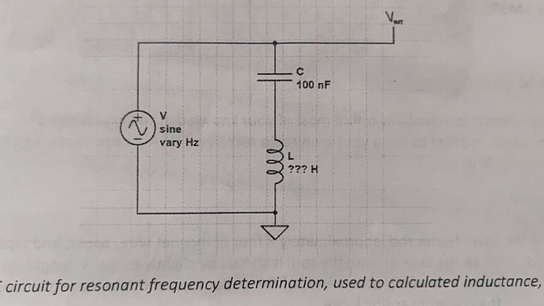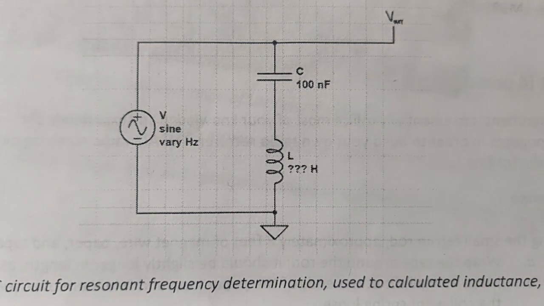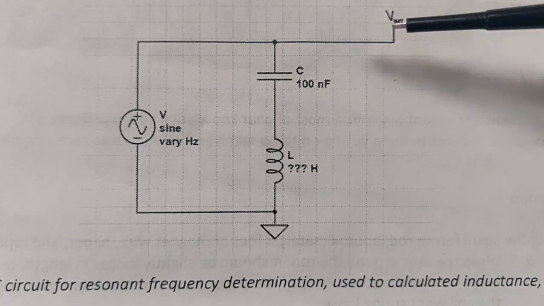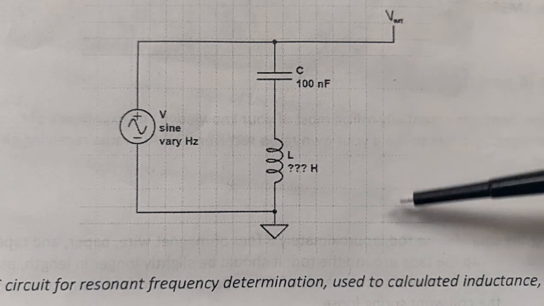And as we increase our frequency, the voltage drop is going to change over both of these. But there's going to be a value where it's the same, and that corresponds to our resonant frequency. And we're actually going to get a minimum output when we measure channel 1.